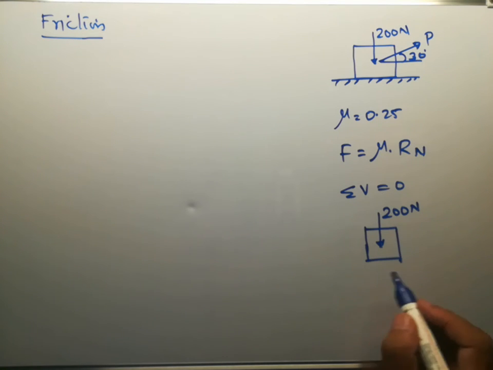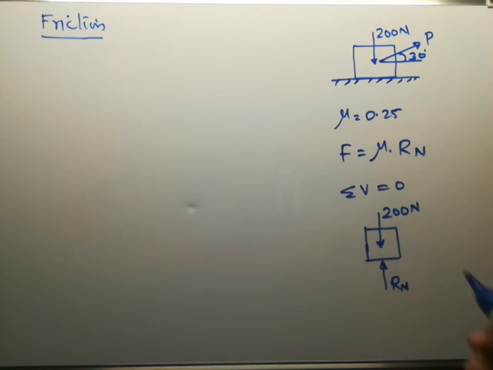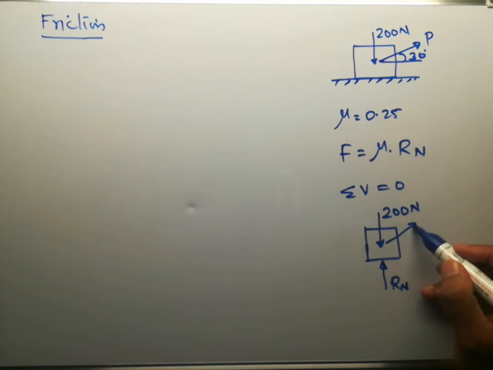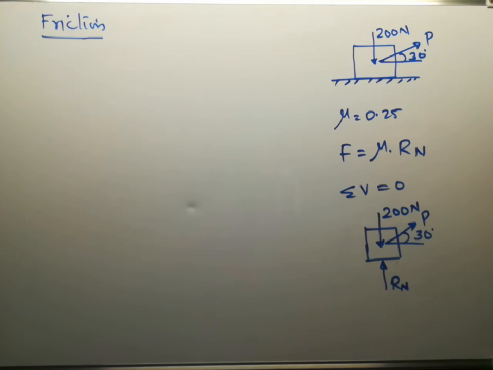Then this is the normal reaction acting in the vertically upward direction. Then a force P at an angle of 30 degree with the horizontal. Then the limiting friction force F equal to mu into Rn.